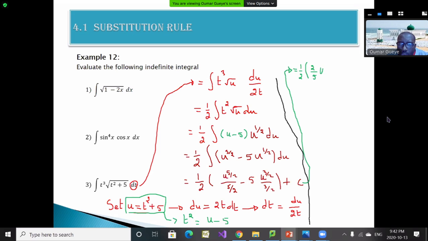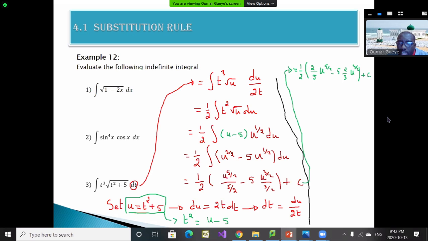So u to the power 5 over 2, minus 5 times 2 over 3 u to the power 3 by 2, plus the constant c.